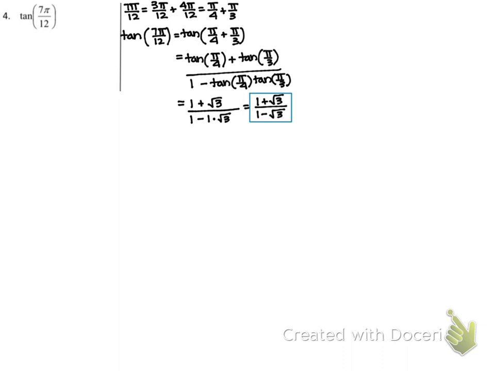Let's say hypothetically you don't see that as one of your answer choices. Well, you're also going to have a calculator. So something that you could consider doing is actually taking your answer, typing it in, which you know how to do, get your decimal approximation, and then type in the others and see which decimal approximation matches yours. This isn't the only way this answer can look. This answer can look a ton of different ways.